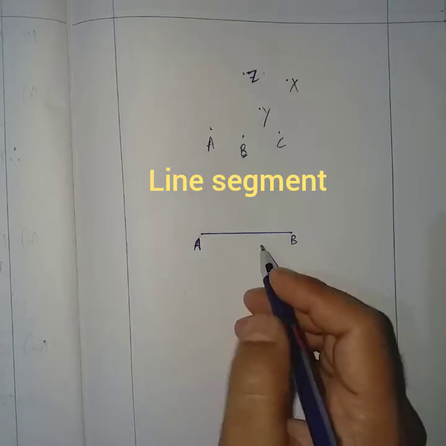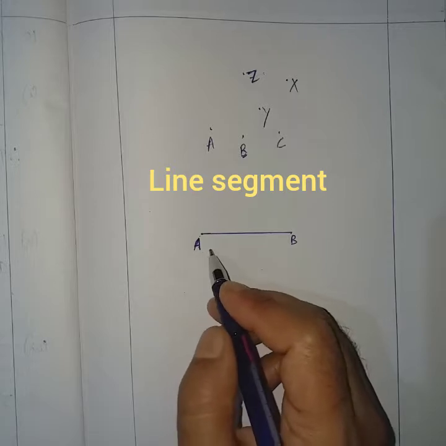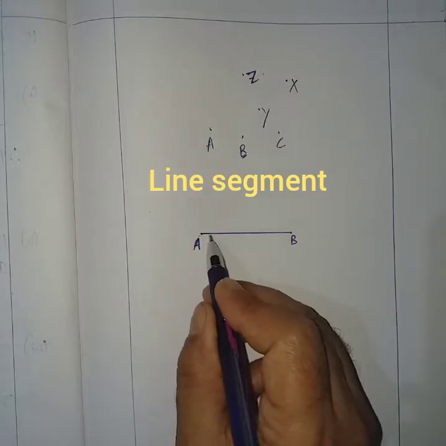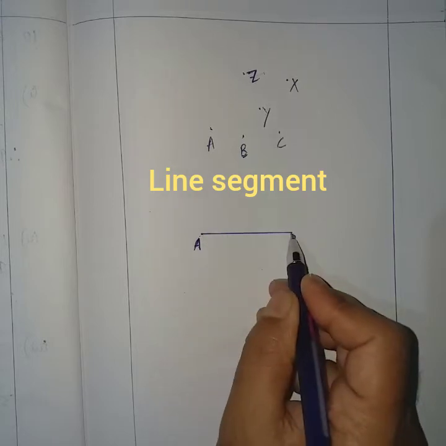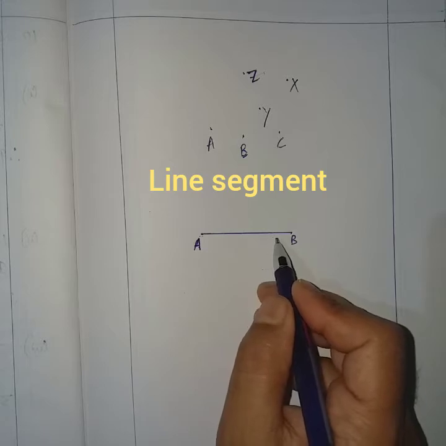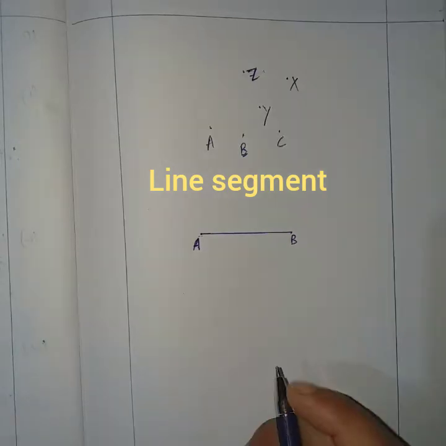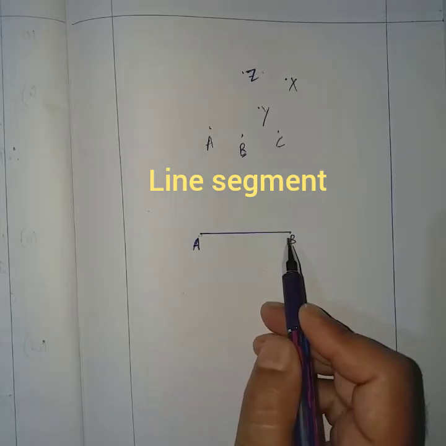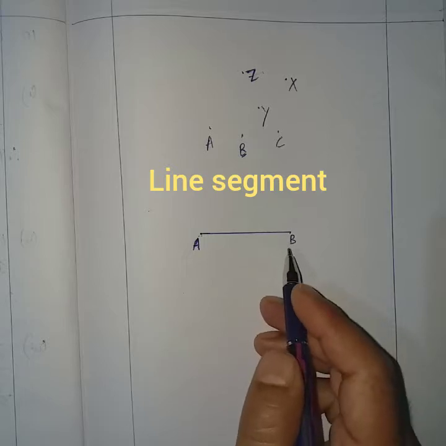So we can say it has 2 end points, and we can measure the length from here to here using a scale. We can measure the length of this line. Yes or no? The distance from A to B is called the length of the line AB.